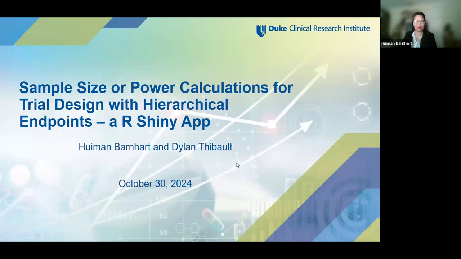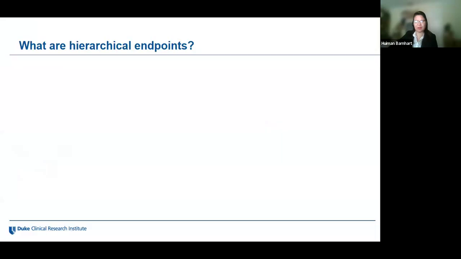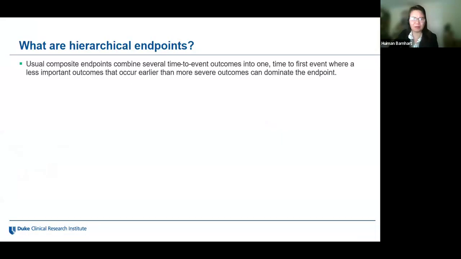Okay. I'm going to talk about the Shiny app for sample size or power calculations for trial design with hierarchical endpoints. To set this problem up, to tell you what hierarchical endpoints are: usually composite endpoints combine several time to events to be a time to first event, but sometimes the less important outcomes might occur first.